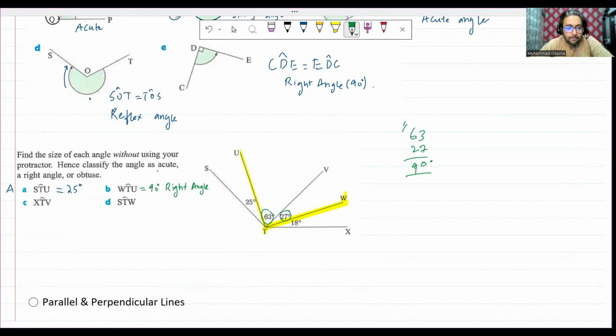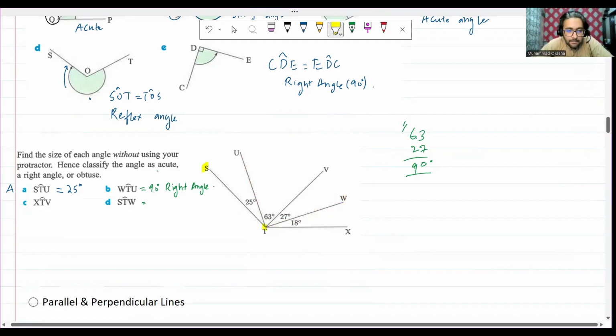Okay. Because have you noticed, starting from W, T, and U, WTU has two angles. It has 63 degrees, and it has 27 degrees. So I'm going to add both of them. STW, okay, starting from S, where is S? STW. It's capturing, I think, three angles.